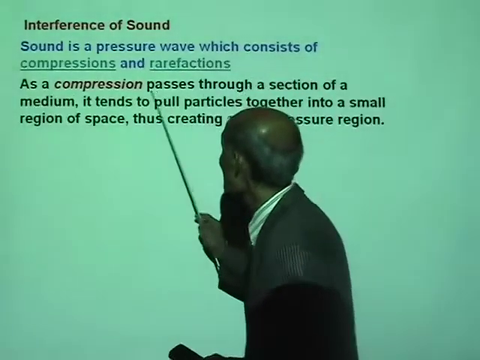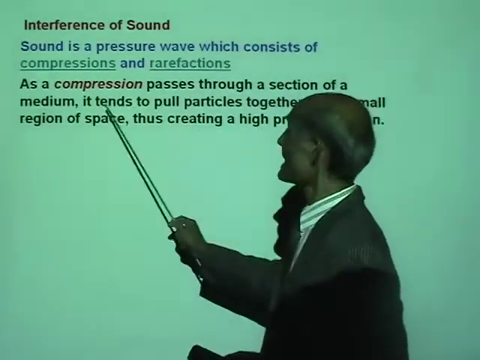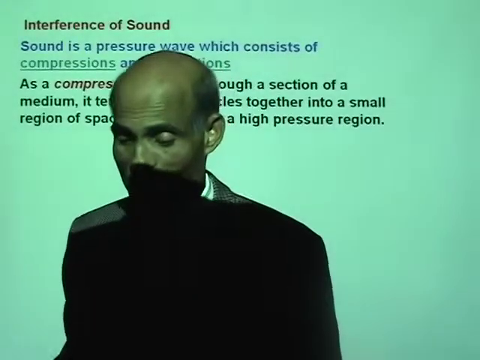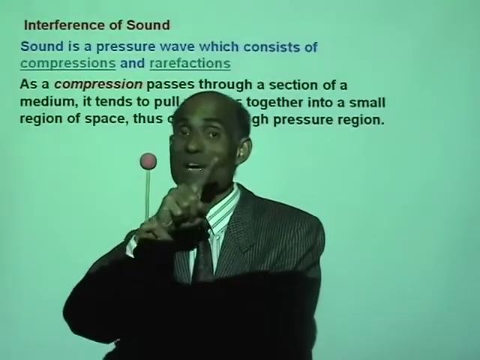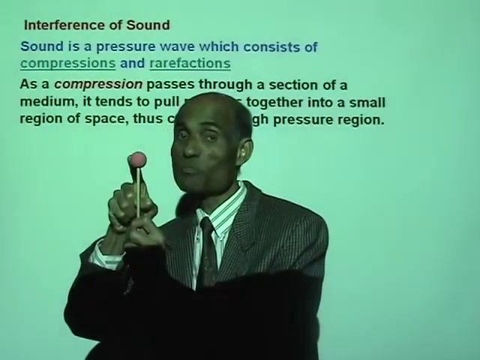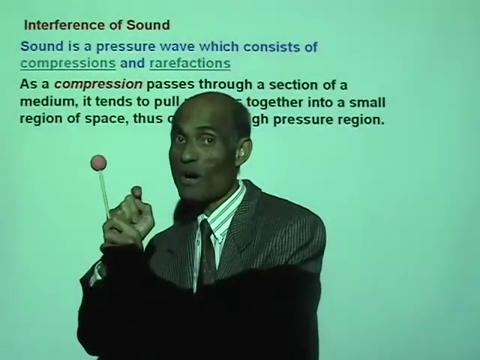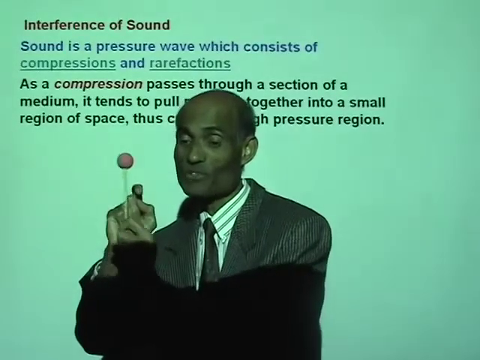So as a compression passes through a section of a medium. Now, if this is one particle of a medium, and if a compression passes through this medium, the particle now goes to the right. You see?